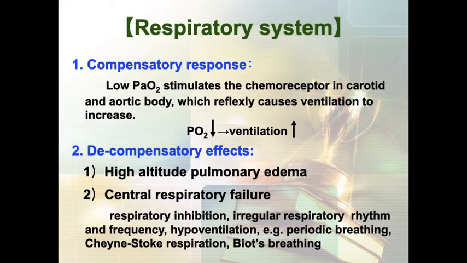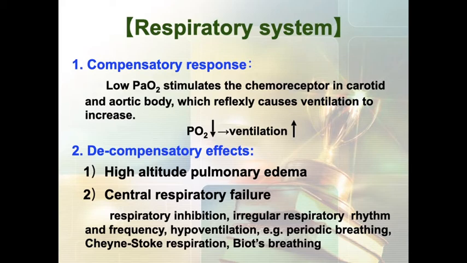The low partial pressure of oxygen in artery stimulates the chemoreceptor in carotid and aortic body, which reflexively causes ventilation to increase. So our respiratory activity is more active than normal. In other words, the frequency of your breath and the depth of it can be both increased. So the ventilation gets to increase.